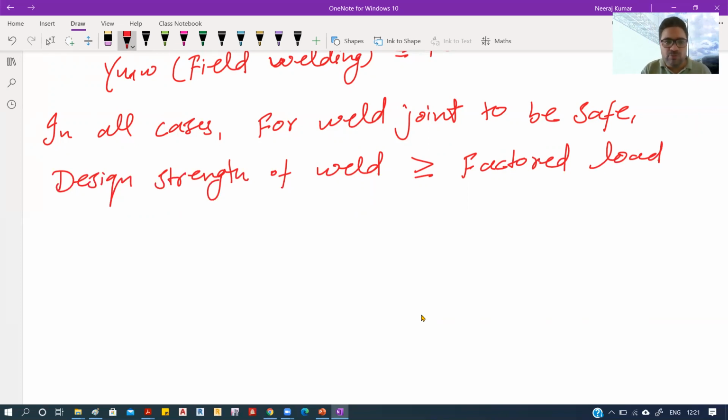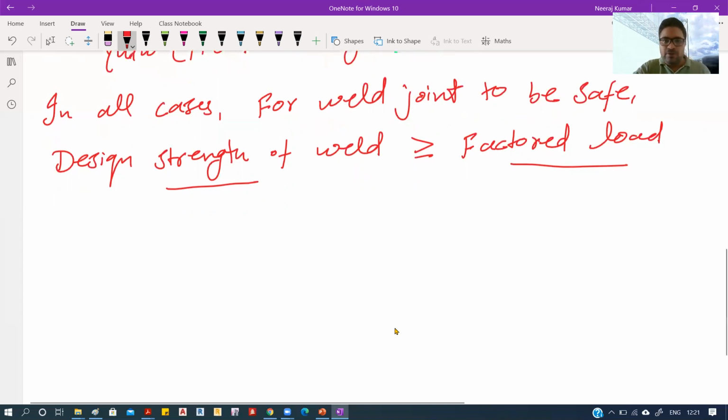Now we know the formula of design strength of weld and we know the value of factored load which is already given in the problem. So we can equate them, and with that we will be able to find out the length of weld, effective length of weld.